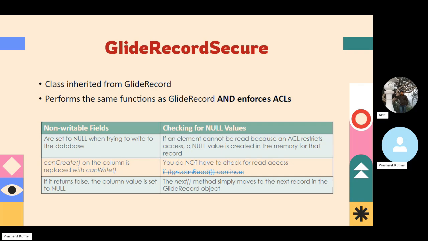And now class inherited from GlideRecord. So what is GlideRecord secure? We have a basic GlideRecord where if you query any table, ACL will not apply. But when you use GlideRecord secure, whatever ACL is applied on that record will apply while doing a script.